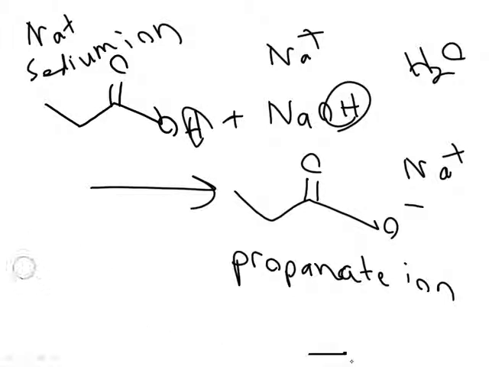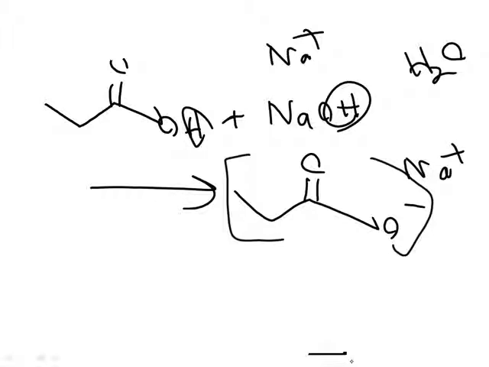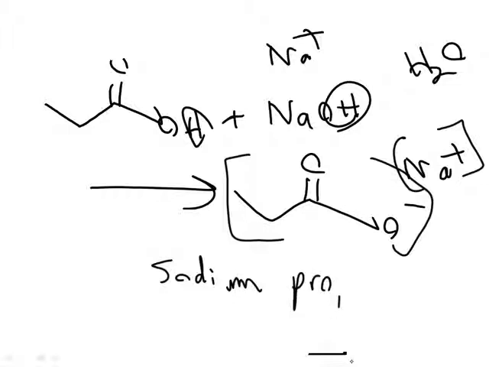And carboxylate ions are always anions. They're always negatively charged. So if the sodium is there, it's now a salt. It's a whole compound, right? We have this ion and this ion together, and they make sodium propanoate. So we drop the word ion. This ion is called propanoate ion. The whole compound is called sodium propanoate.